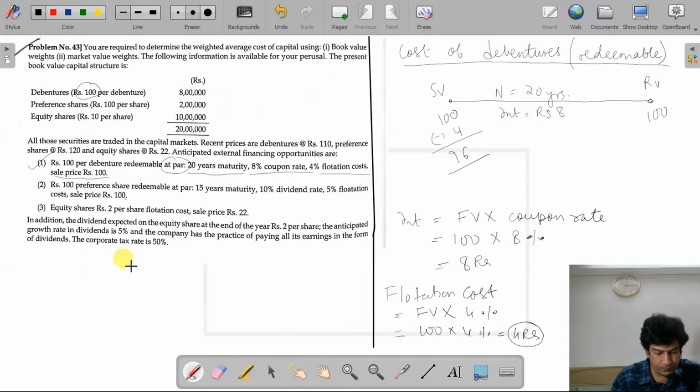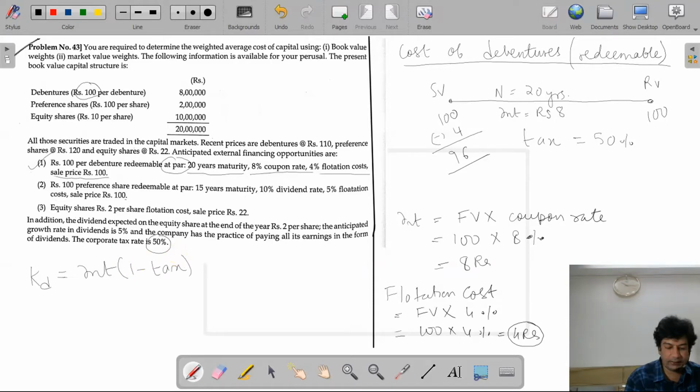And the corporate tax rate is 50%, so we will take tax at 50%. So I will be solving the cost of debentures, that is interest, then give the effect of tax savings. So 1 minus tax plus the redemption value minus the sale value upon the number of years.